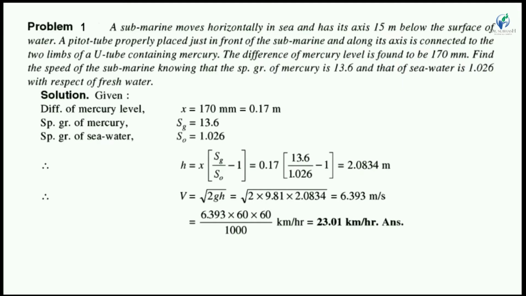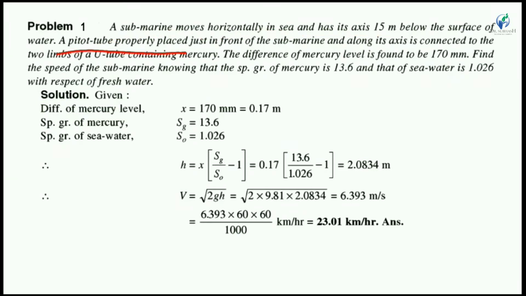Now we solve an example of a Pitot tube. So you have an idea of how to solve an example for a Pitot tube. Let's start the first problem. A submarine moves horizontally in a sea and has its axis 50 meters below the surface of water.